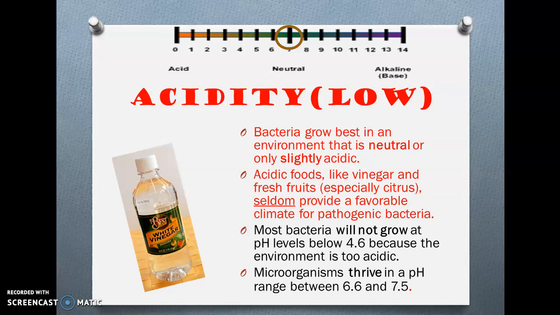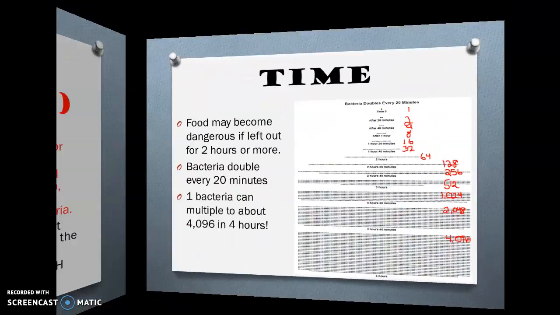However, microorganisms, bacteria, do thrive and grow in an environment that ranges with a pH from 6.6 to 7.5. So you see on the number line where it's circled, that's where bacteria begins to thrive.